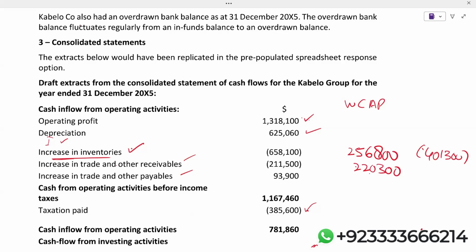Students, I'm getting positive 8,800, and in my final answer, instead of increase, by looking at the revised column, I will be writing decrease. Of course, I have to make the correction. Logically, in my revised cash flow statement, your receivable balance has not increased, it has actually reduced, and a decrease in receivable we show as positive, which is 8,800.